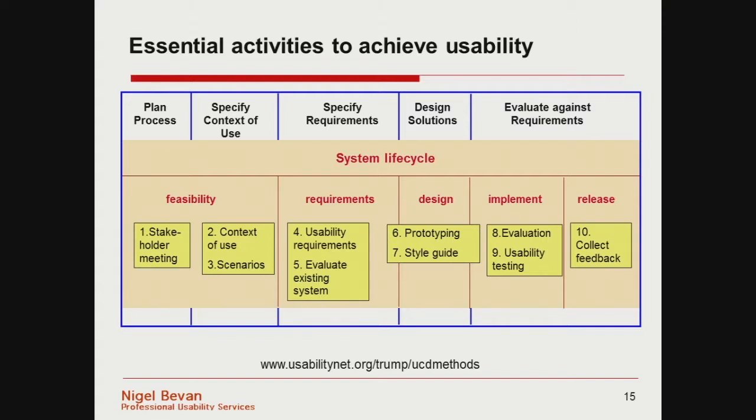You should hold a stakeholder meeting right at the beginning to understand how usability can relate to your system. You should identify the context of use. You should define some scenarios of use, specify requirements for effectiveness, efficiency, and satisfaction, have some baselining of the existing system to see how you compare, do some prototyping, have some support from a style guide, do evaluation both at the expert level and the user-based level, and finally, when you've released the system, collect feedback to see whether it's working as you expected it to work.